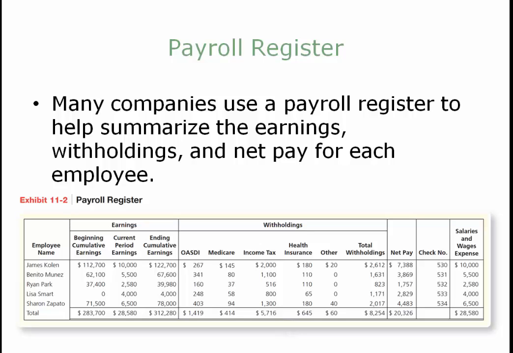But they also use this to post a journal entry. This happens within a computerized system, and it automatically posts journal entries behind the scenes that are automated based off of the rules that have been established for the business.